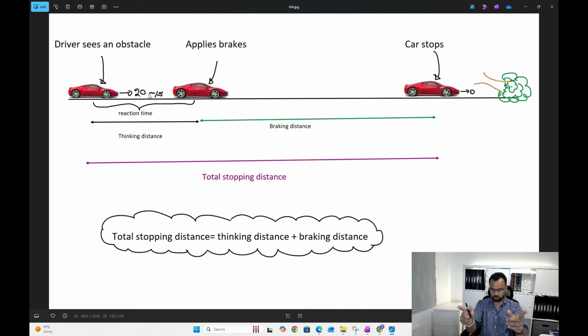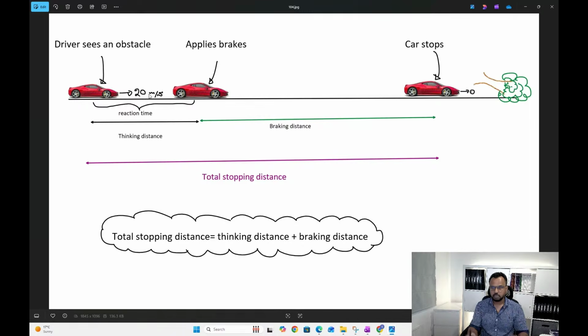The driver sees the obstacle, figures out that at that speed they're going to hit it, and has to stop the car. Then you access the memory to see what to do. It says take your leg off the accelerator, and the one to the left is the brake pedal if it's an automatic. Just press on it, and then you stop.